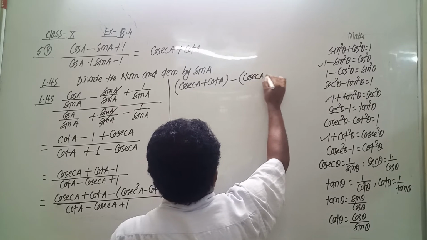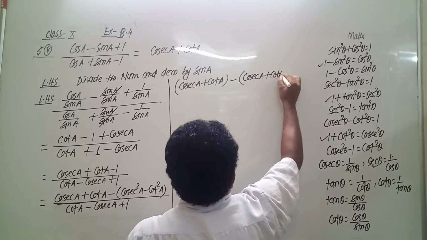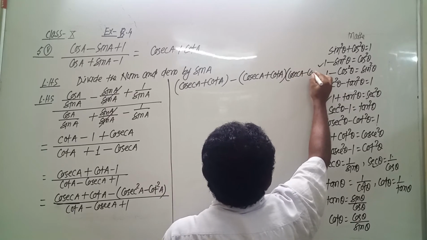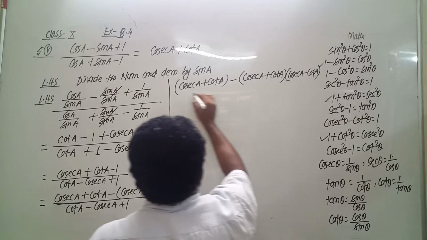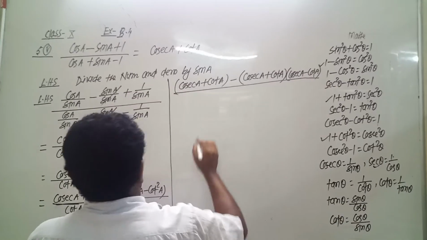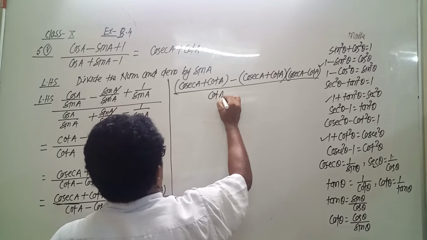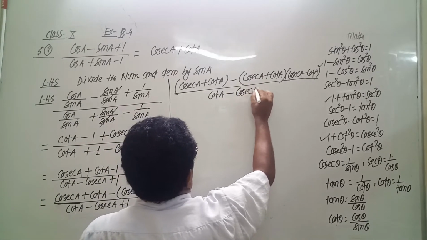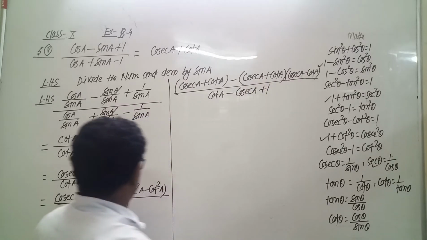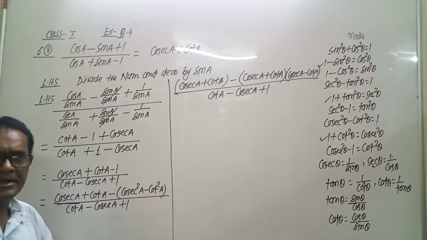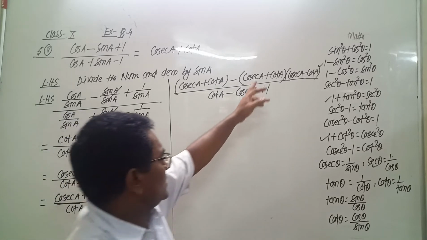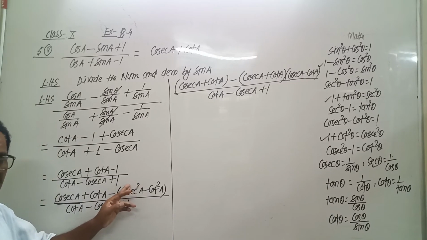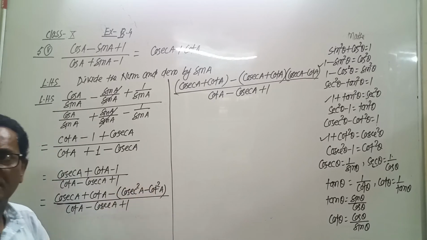So (cosec A plus cot A)(cosec A minus cot A) upon the denominator, which would be written as it is, cot A minus cosec A plus 1. This will be expanded on the formula A square minus B square, so A plus B and A minus B, where at the place of A there is cosec A, and at the place of B there is cot A.